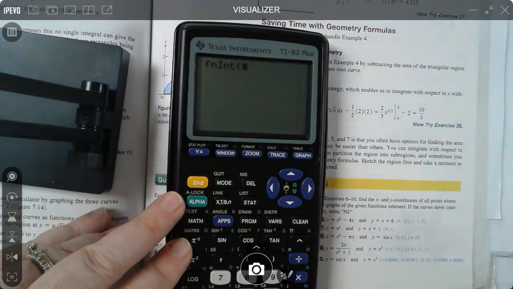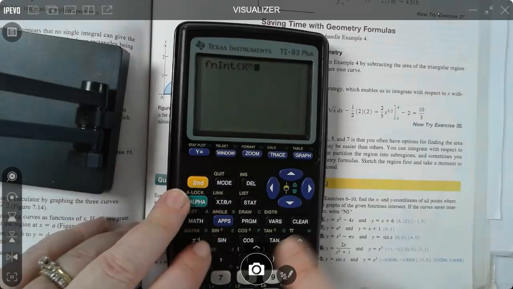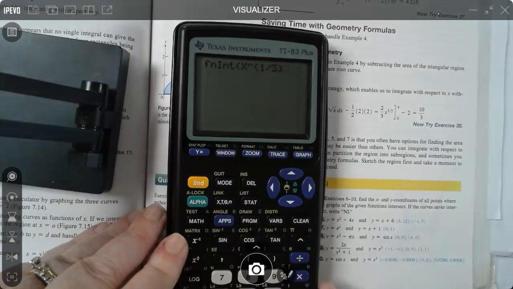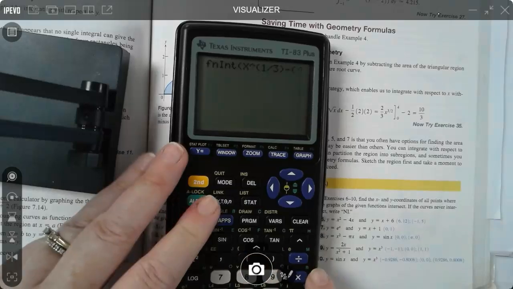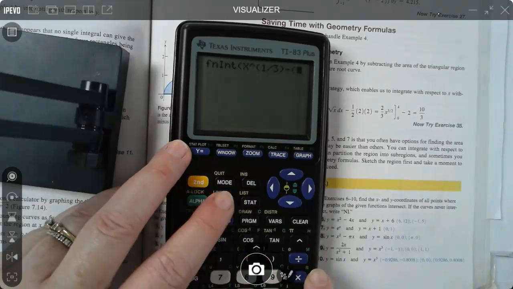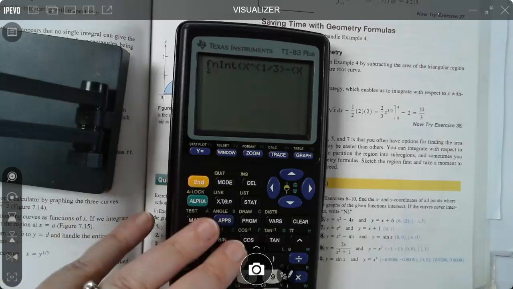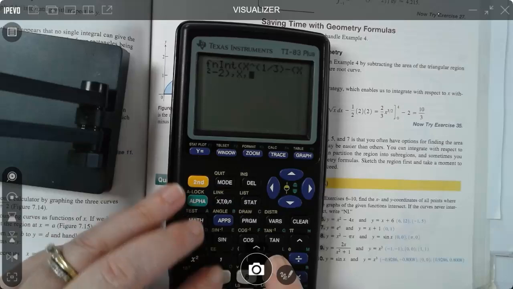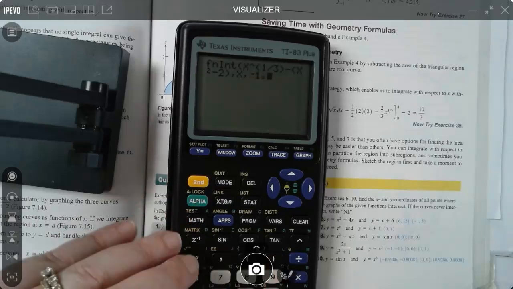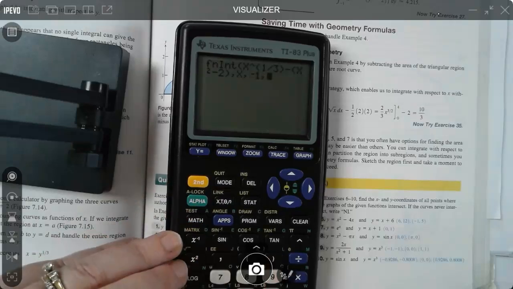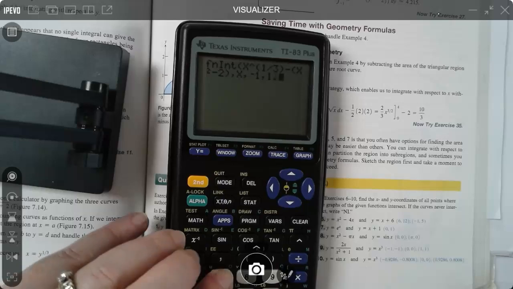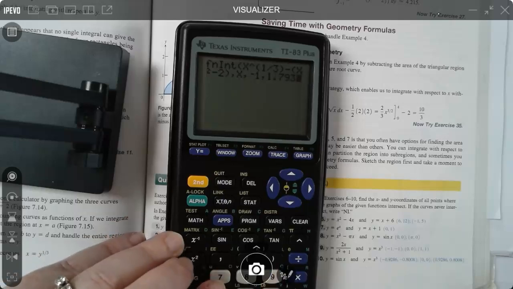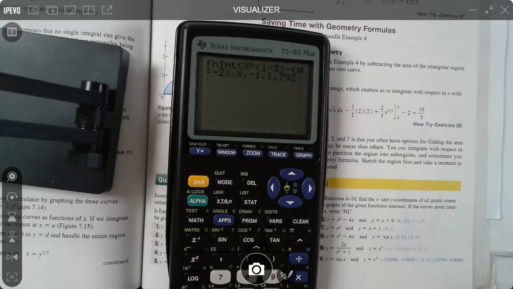It doesn't matter what variable I'm using here because there's only one. So x to the 1/3 minus, with respect to x from -1 to what? Should be 4.215.